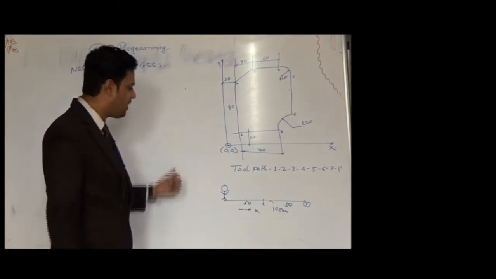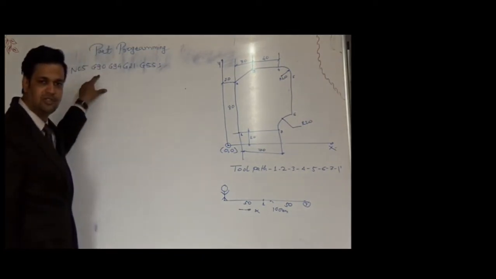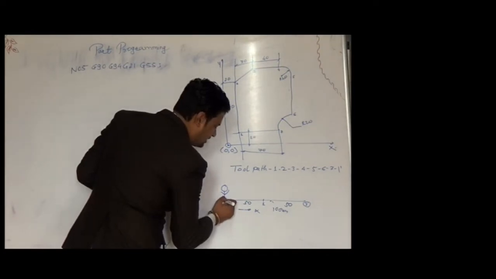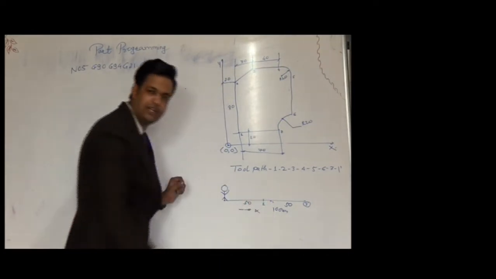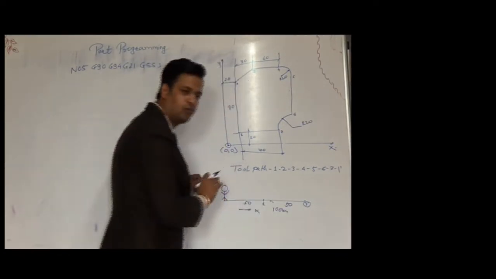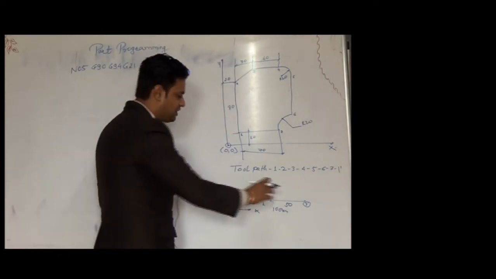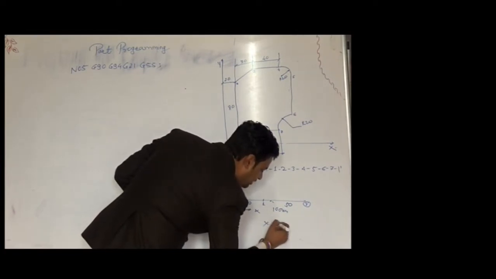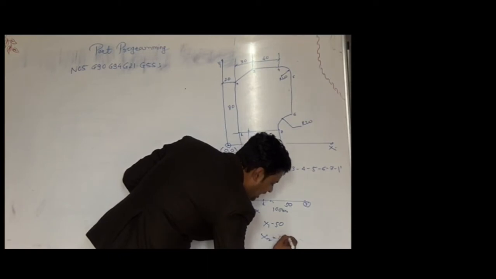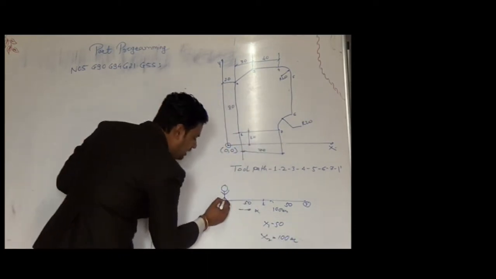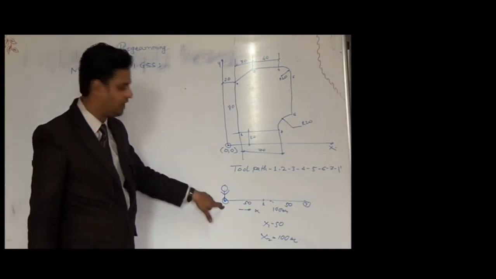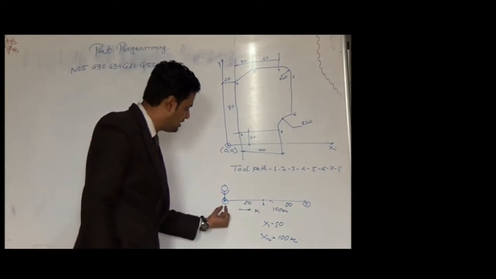While using G90, the absolute coordinate system, I will first take X equal to 50 meter, then again in the X direction I will write X equal to 100 meter. So in the absolute coordinate system, this is the origin point, and it takes the dimension from this origin.